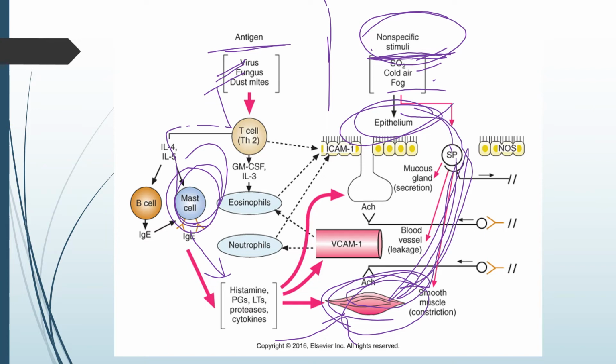When we're looking at extrinsic, your mast cells and your T lymphocytes are going to be big parts there. But when you're looking at your non-specific or your intrinsic, which is cold air, fog, and so forth, it has a different pathway. It works on the airway epithelium. So you can see how treatments would be different for antigen-based stimulation versus non-specific stimulation.